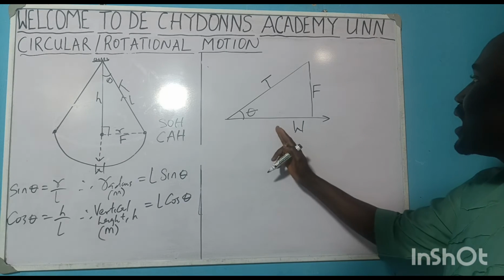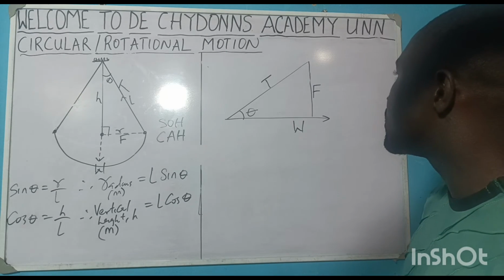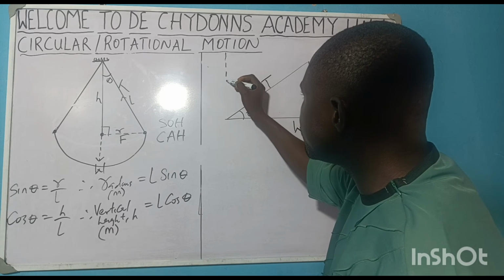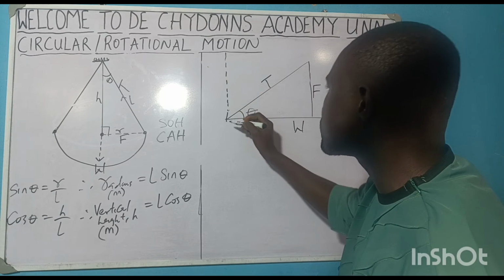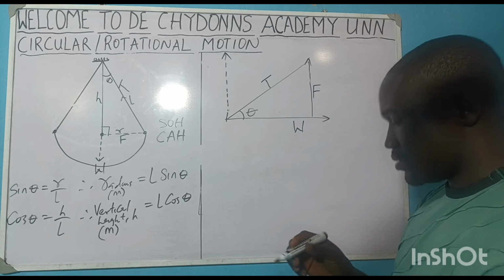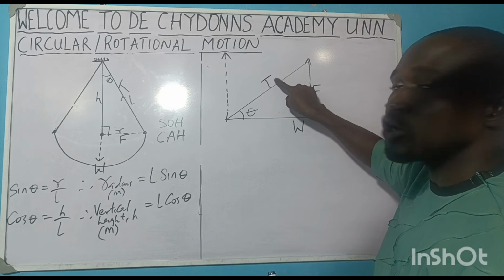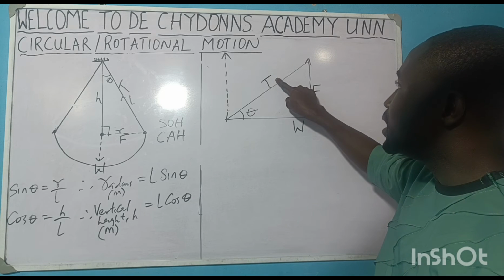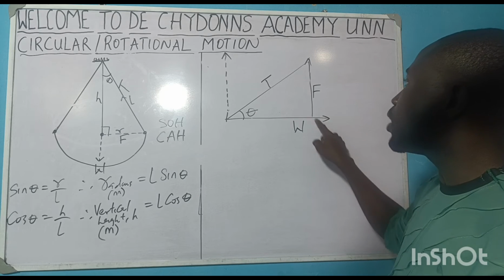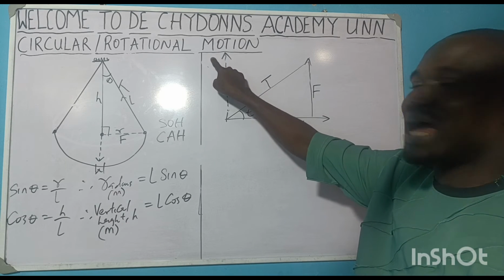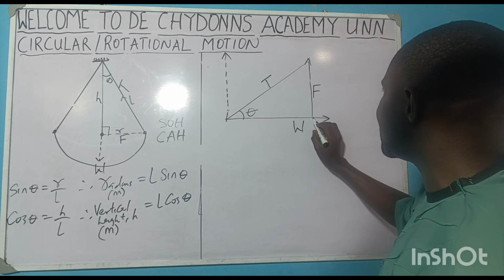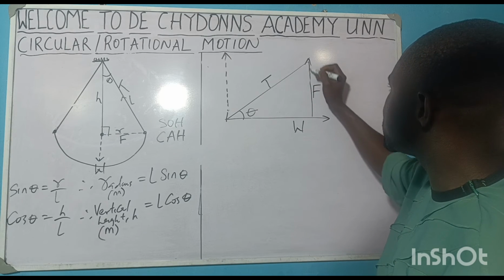Now as you have it like this, note that there is what we call resolution of vectors. This tension you are seeing here is in between the vertical and the horizontal. So I will give the share for the vertical and the share for horizontal. Remember that this vertical you are seeing is opposite to this force.